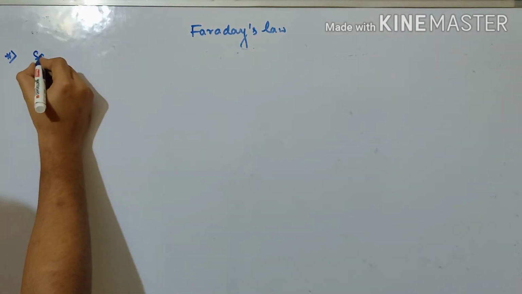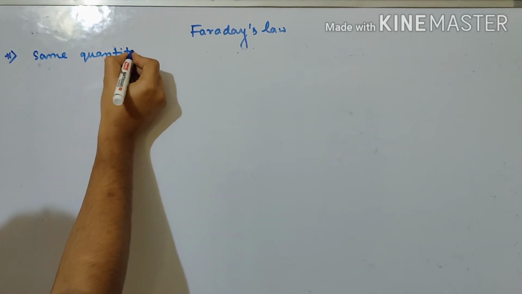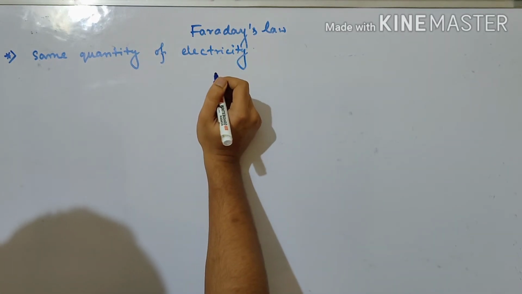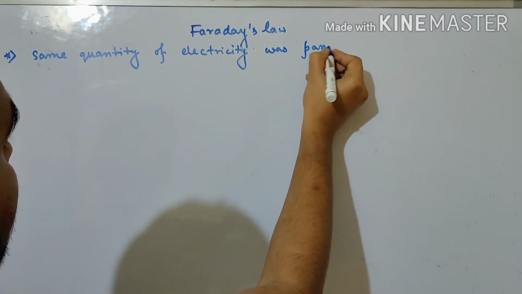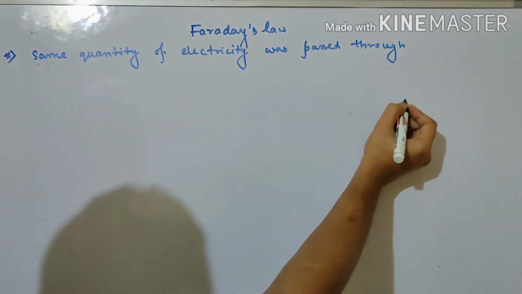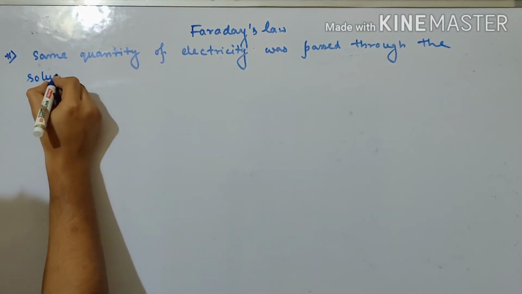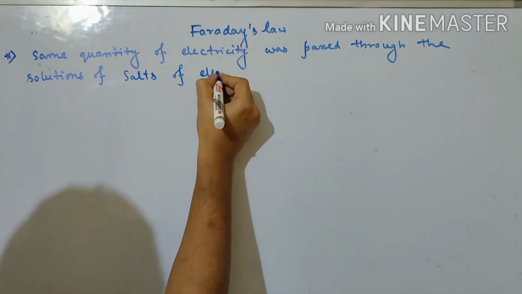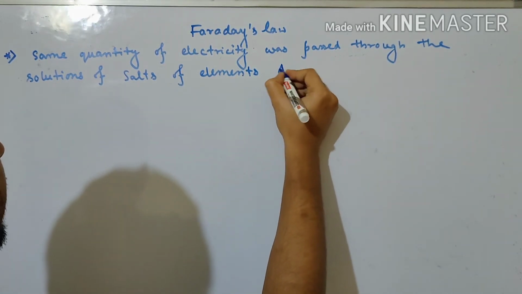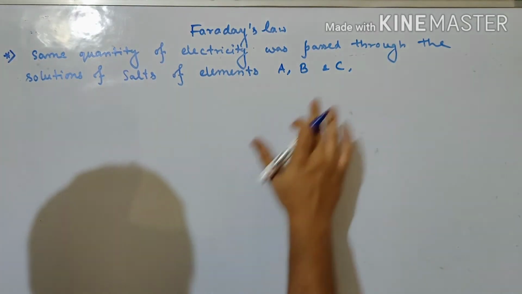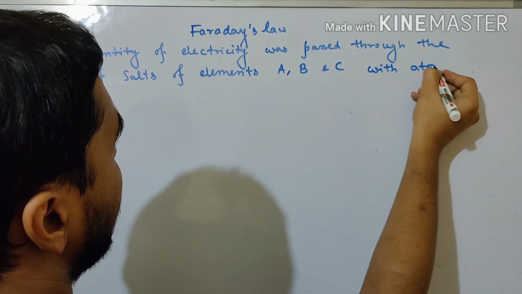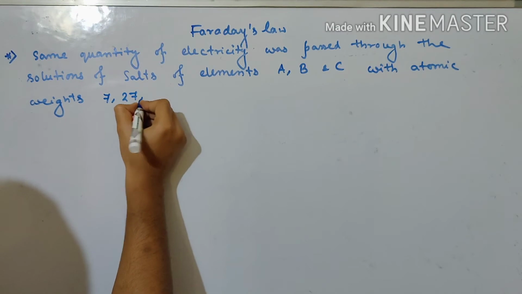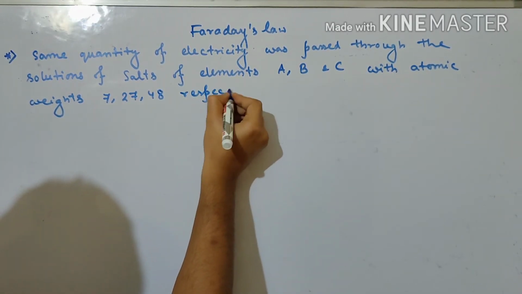The question is, carefully see, the same quantity of electricity was passed through solutions of salts of elements A, B and C with atomic weights 7, 27 and 48 respectively.